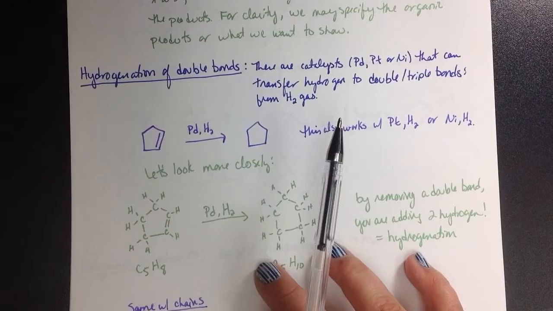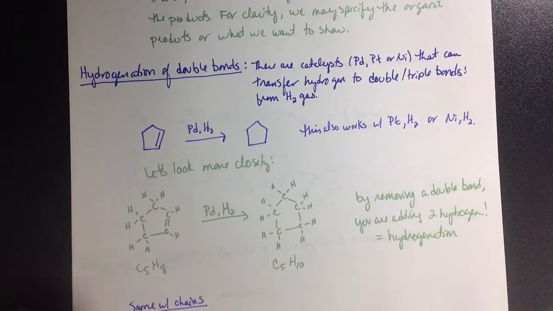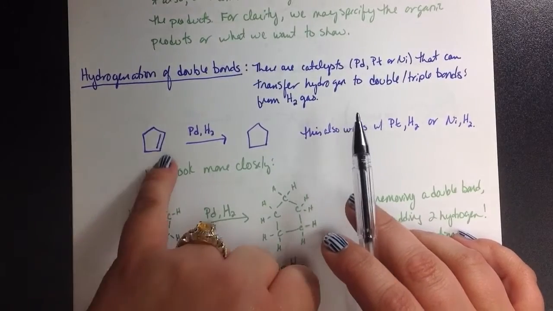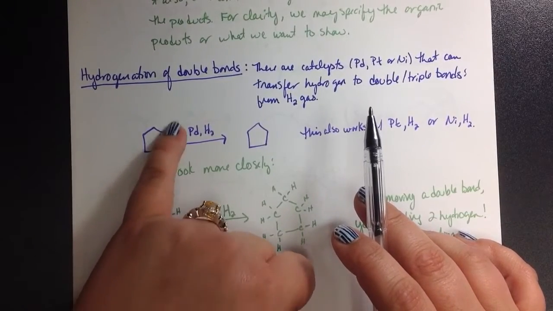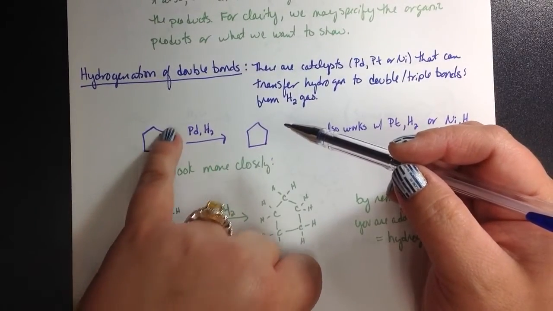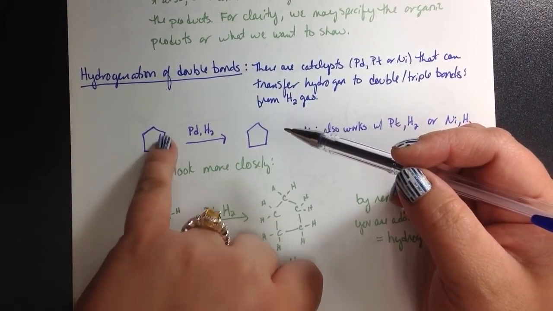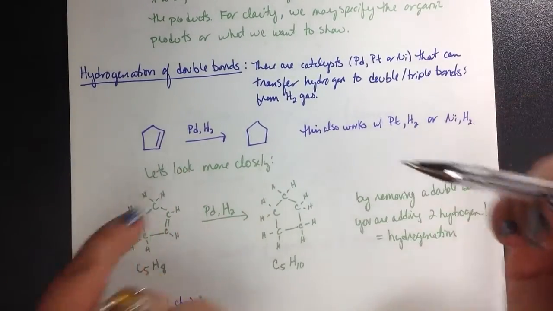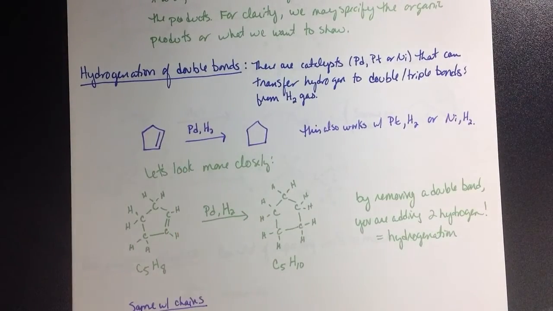Okay, so let's start by looking at hydrogenation of double bonds. What that means is we're going to take this double bond right here and add hydrogen to it. When you add hydrogen, you're actually adding a hydrogen here and here, and that's what makes that double bond go away. It's not that the double bond just disappears or anything like that.